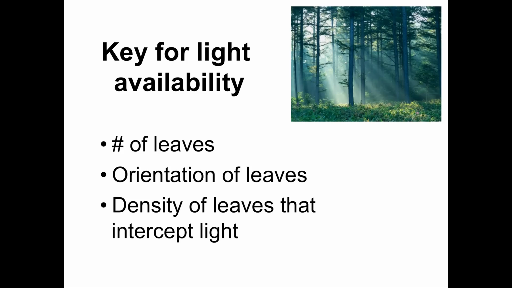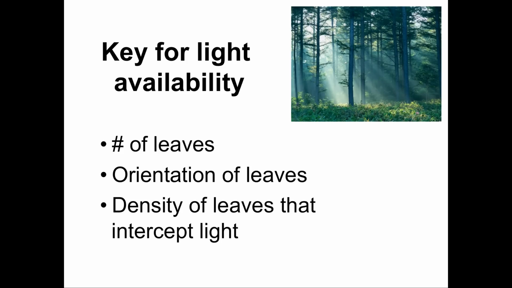Now, all of these combine to influence light availability in the forest. And some of the key aspects related to light availability are kind of summaries of these different ways that we describe forests. In particular, the number of leaves in your forest, which is going to be a function of tree density, crown shape, things like that. The orientation of the leaves.